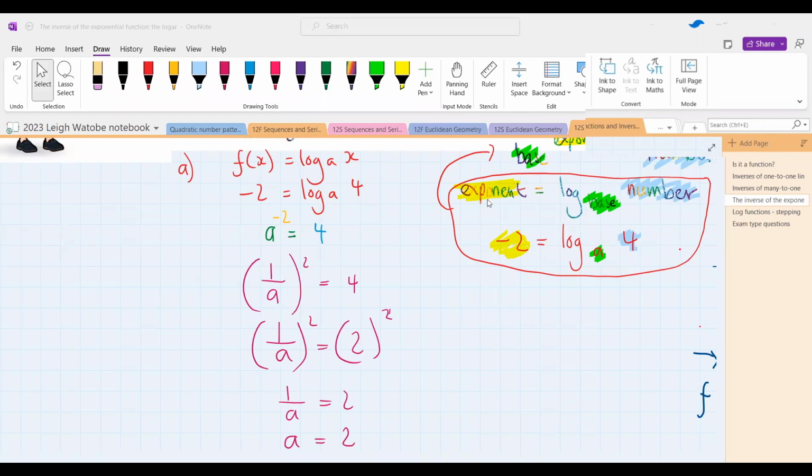Sorry, Teacher Lee, is it the other way around or am I being confused? When you have to find A, you said A equals 2, but 1 over A equals 2.